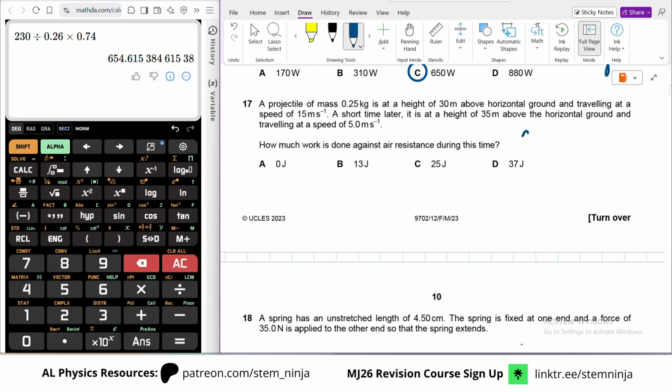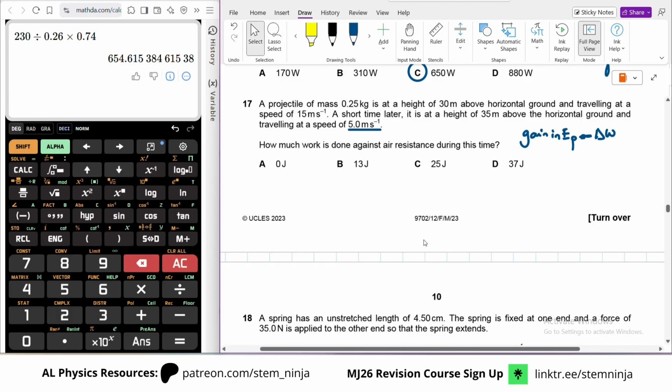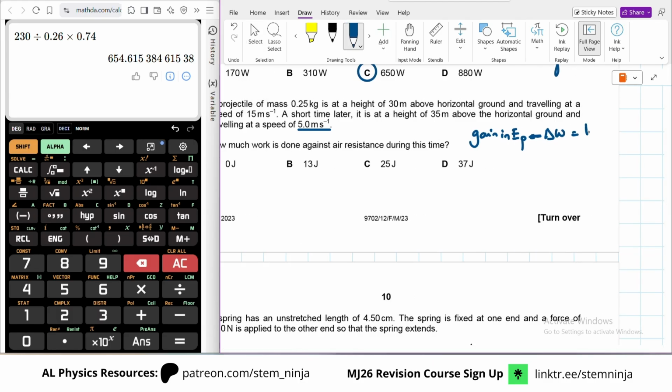So it's basically the gain. You see the speed is decreasing, so that means it's gaining height. Gain in EP minus work done against air resistance is equal to the loss in EK.